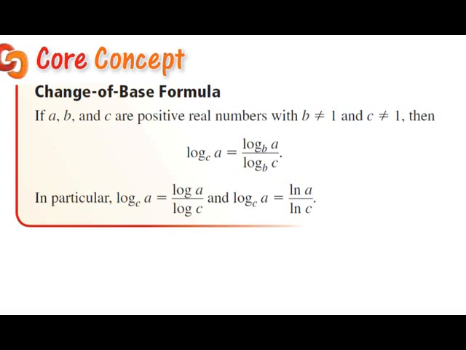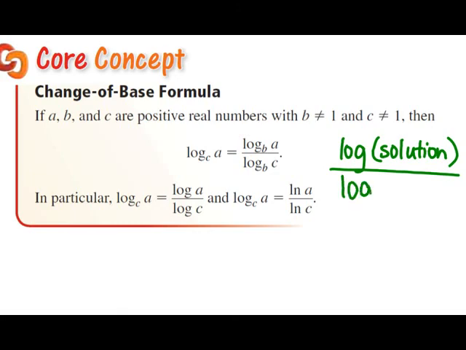That means basically if you take the log of the solution, which is your a, and you divide it by the log of your base, which is your c, you will get the answer.